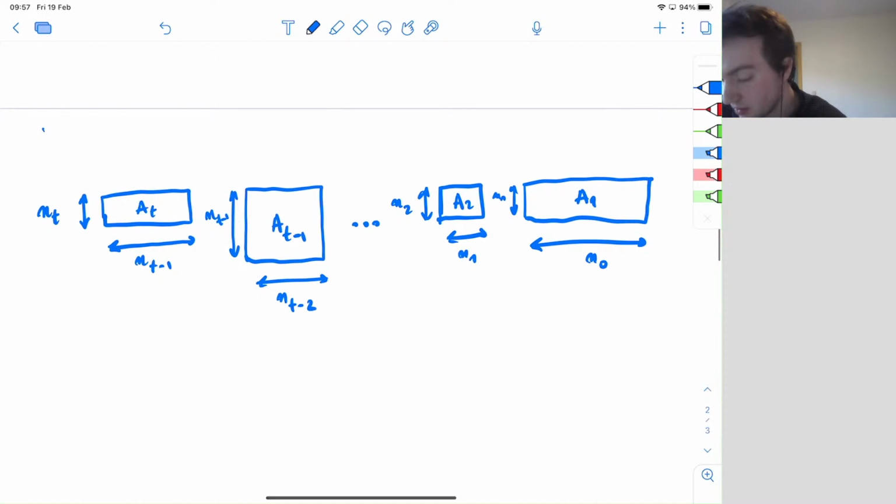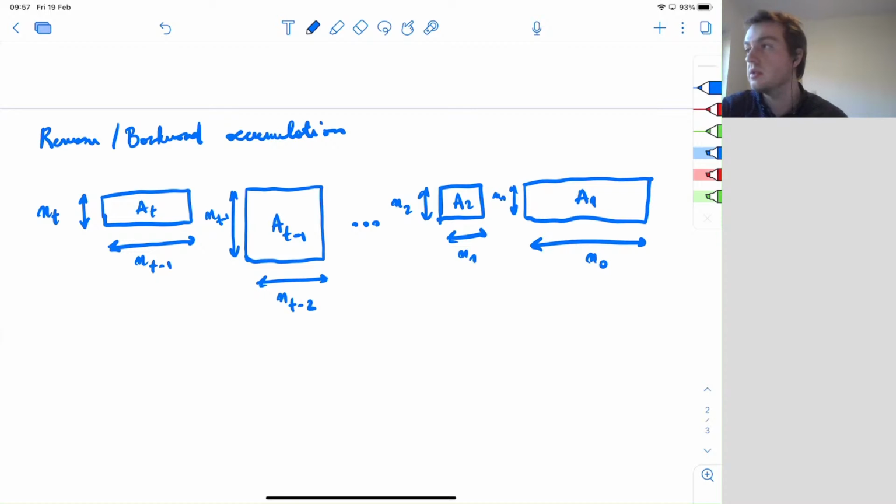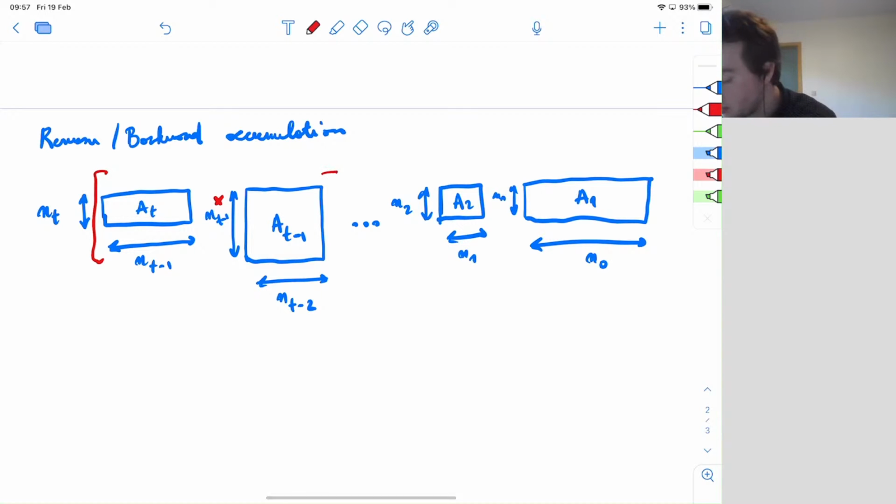So we could have done the reverse or backward accumulation, right? And here what we would do is that instead we would start with the product here at first, this one.